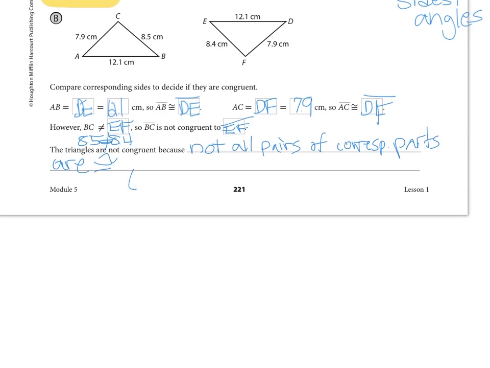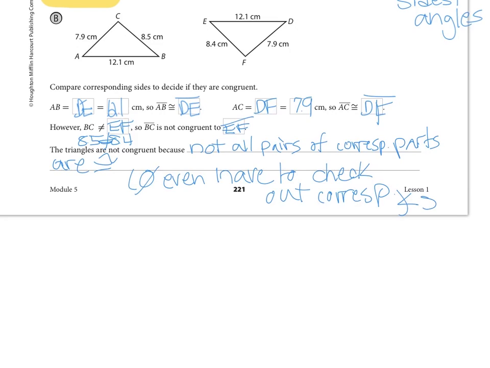And notice that you don't even need to check out the angles on this one, because you've had a failure or a breakdown in the system here. You don't even have to check the corresponding angle pairings, because the sides end up failing, that they are not congruent. So that's what we're working with in this section.